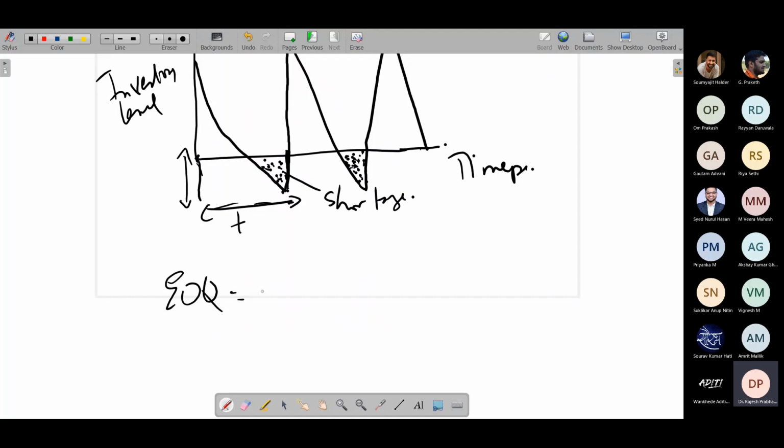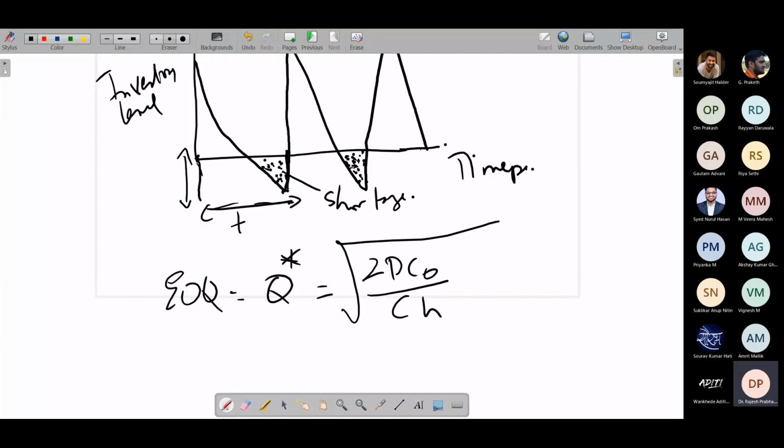The EOQ formula, or the Q star formula, when there are shortages, is equal to root of 2DCO by CH into CS plus CH divided by CS, where CS is the cost of shortage and CH is the cost of holding.